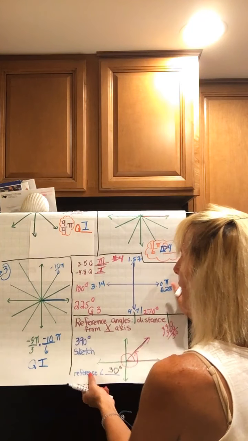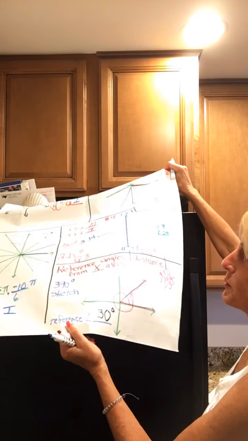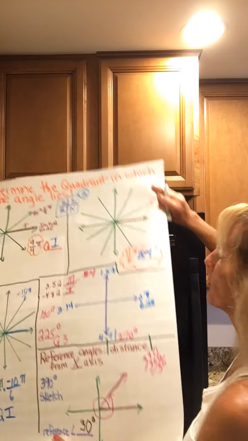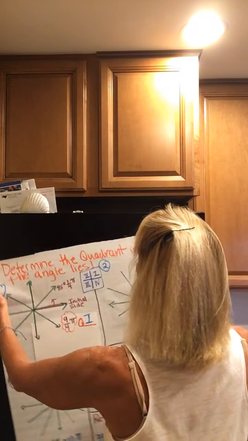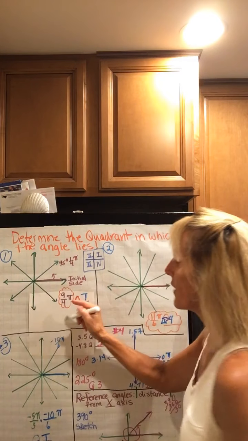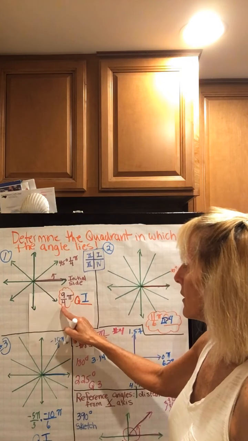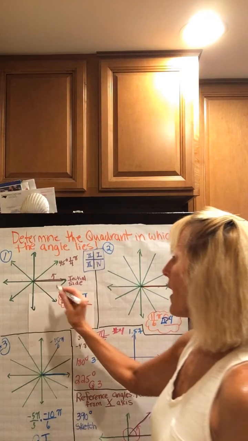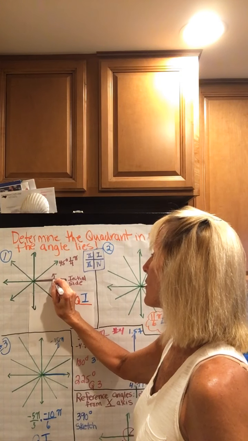Now I'm going to go back and show you from the examples we've already done. We're going to look for the reference angle here. Remember on number 1, we had to find 9/4 pi. Watch me sketch that graph.